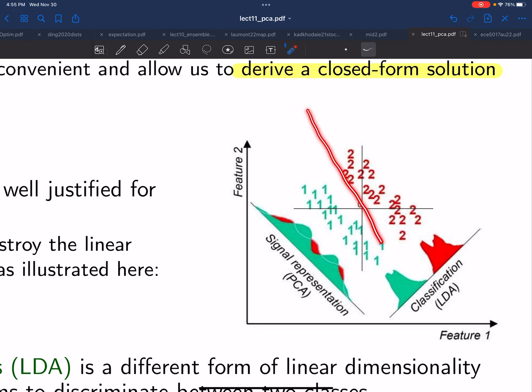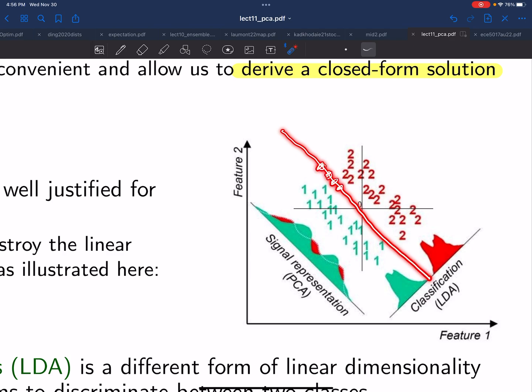PCA looks for the plane that has the smallest projection errors. And if you think about all the different ways to put a plane here, here you'd have some pretty large projection errors. If you put the plane here, that's going to be the best. Relatively small projection errors, the smallest you could do. So PCA would put the plane here and then project everything onto that plane.